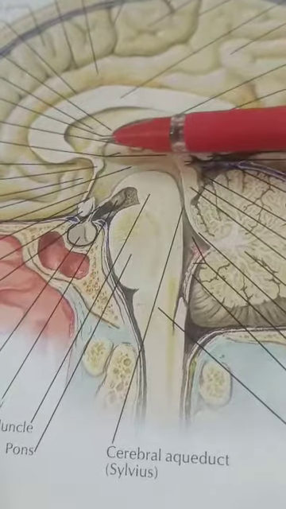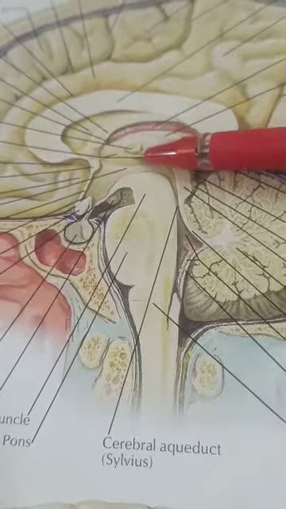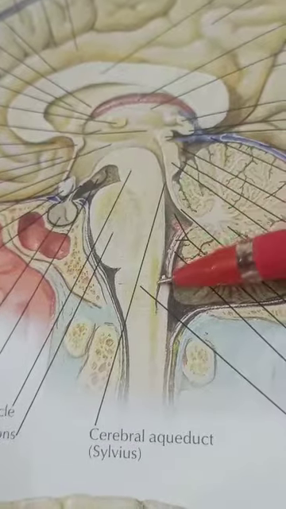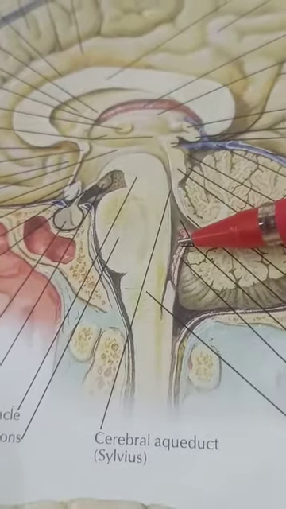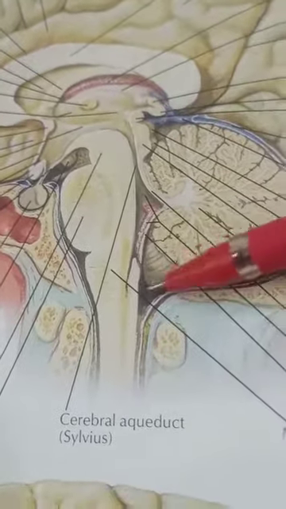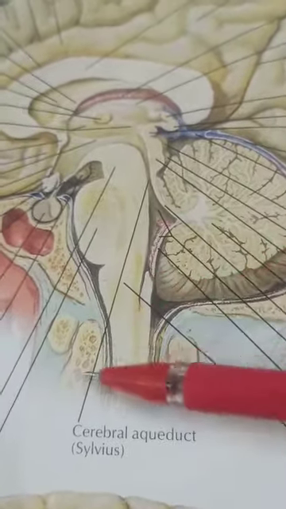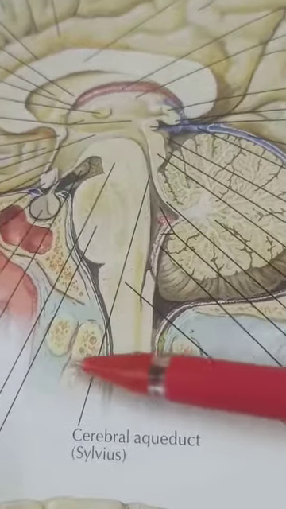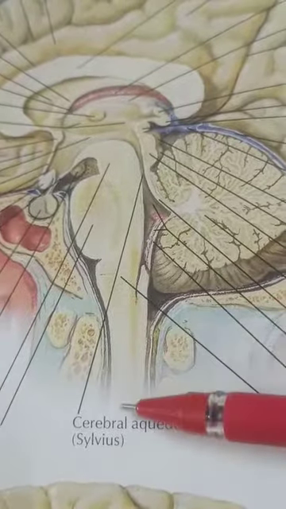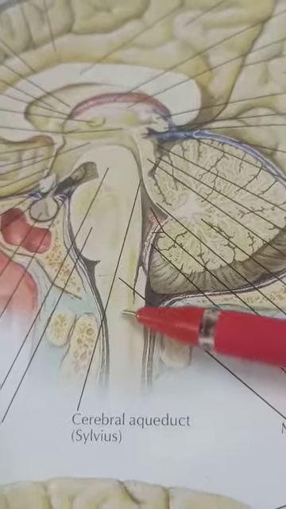Then cavities: lateral ventricle, third ventricle, then aqueduct of Sylvius, then fourth ventricle, through which the CSF, cerebrospinal fluid, is circulating. Then the medulla continues, here this is our foramen magnum. So below the foramen magnum, the medulla will be continuous as the spinal cord. Spinal cord.